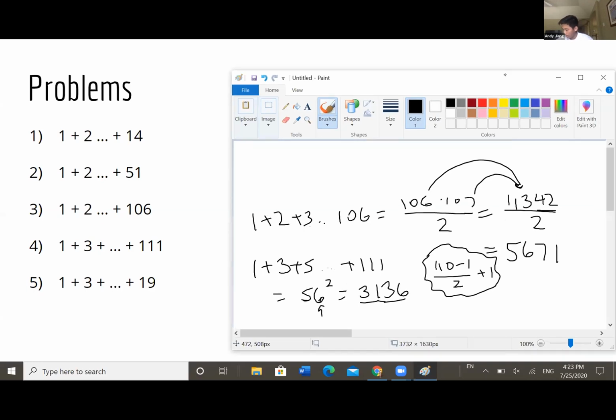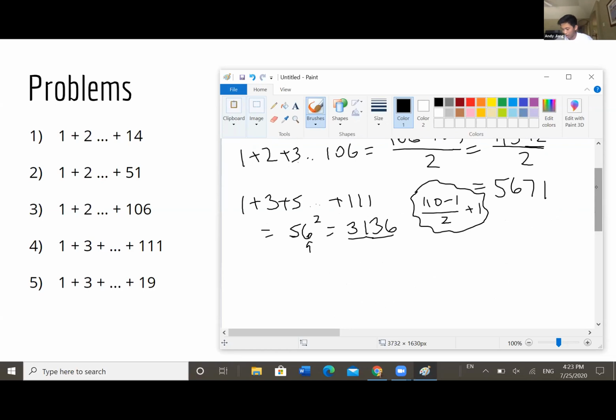And then finally, okay, 1 plus 3 plus all the way to 19. And this is actually easier than number 4. This has 10 terms. I wanted to show this one because something that may help you, it may save like half a second for you, is that when this number is a 9, the number of terms is either a 10 that ends with a 0 or a 5.